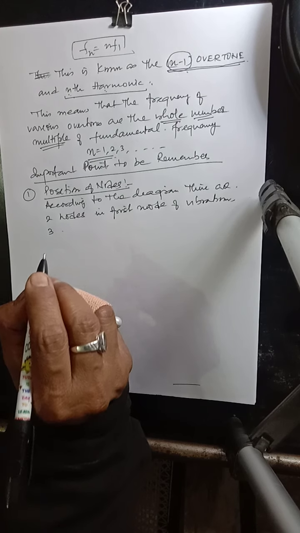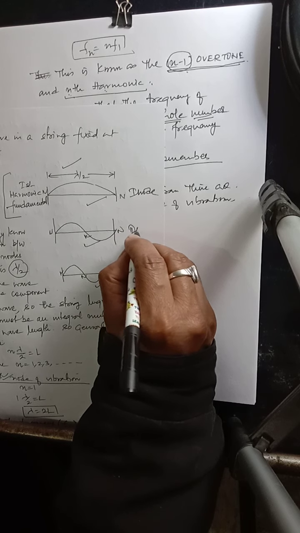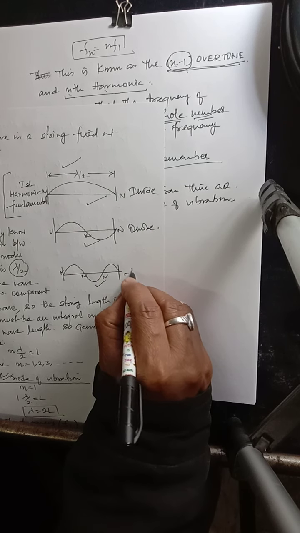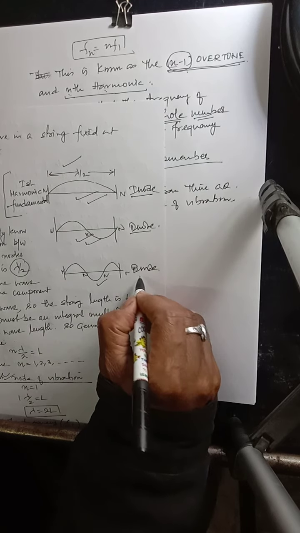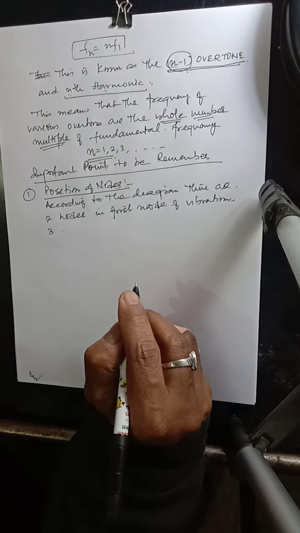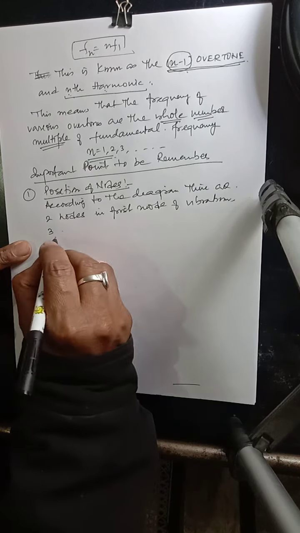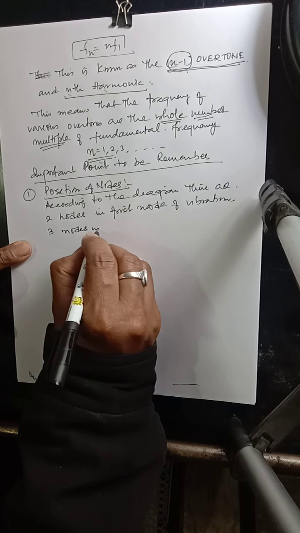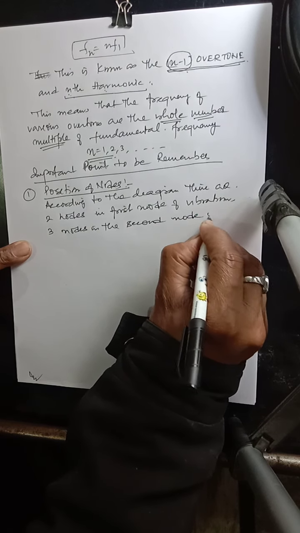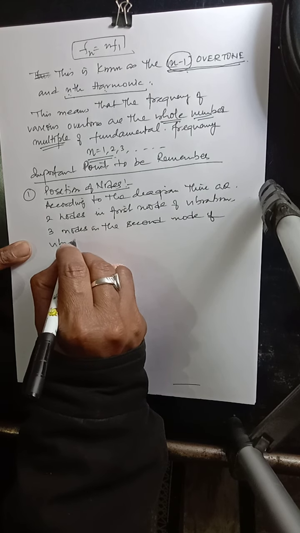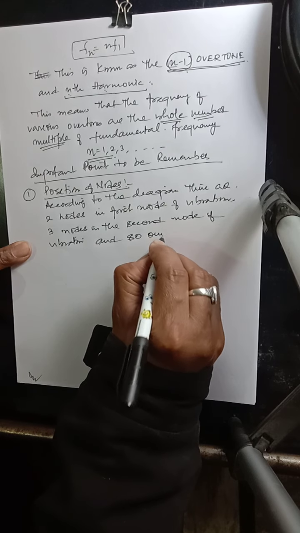Then this is the first mode, this is the second mode, this is the third mode. First mode 2, second mode 3, third mode 4. So first mode of vibration, 2 nodes, 3 nodes in the second mode of vibration, and so on.